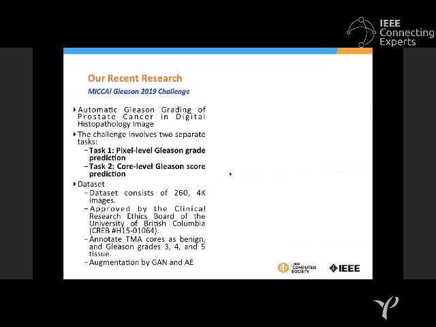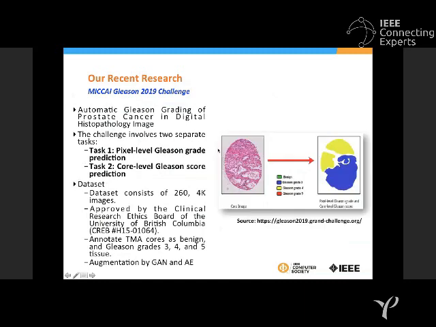This is one of the works done by one of my students, Pabitro, and it is a good work in the sense that all of us know that MICAI is a pretty good conference where they throw up challenges. This particular work deals with the Gleason score of the histopathology image.